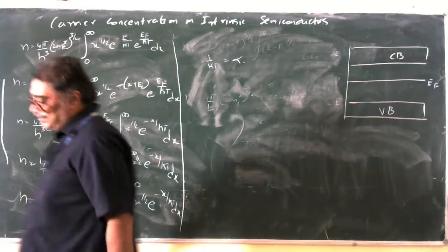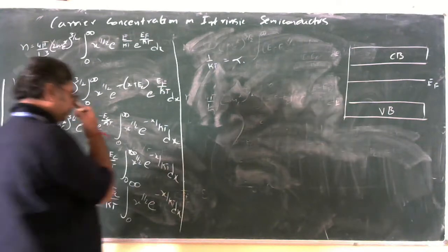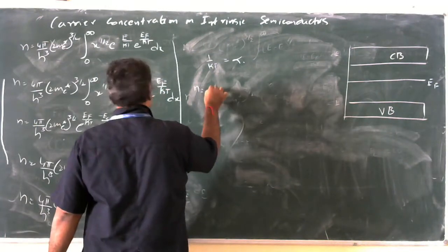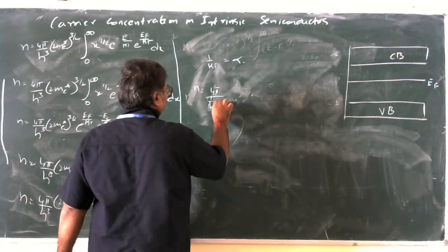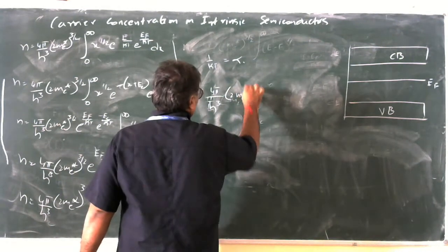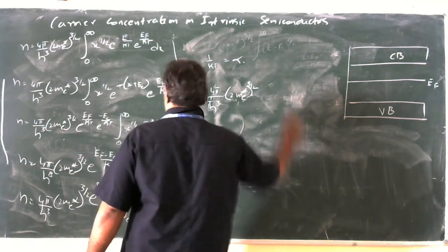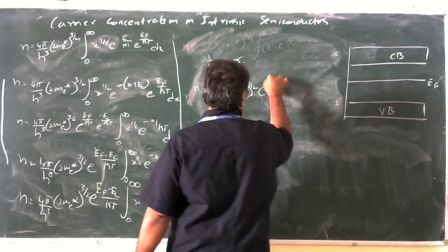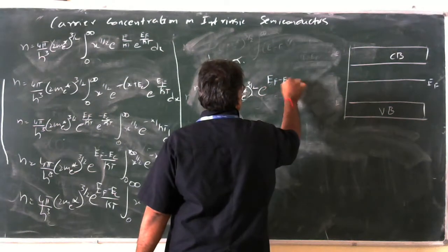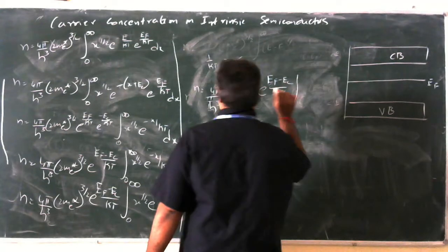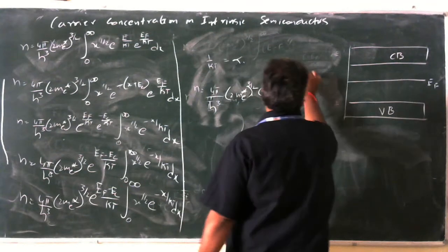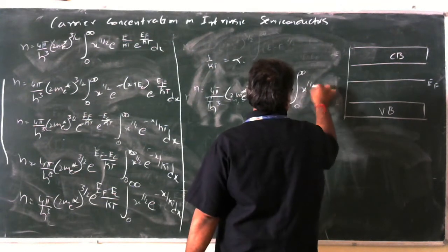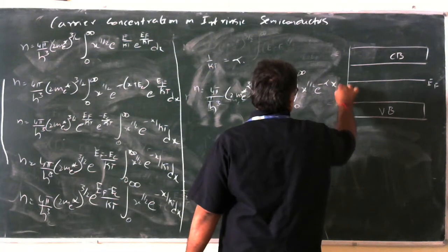So what happens to this? This becomes N equals 4π by h cube into (2 me star) power 3/2 into exponential of (EF minus Ec) by kT, integral 0 to infinity x power 1/2 e power minus alpha x dx.